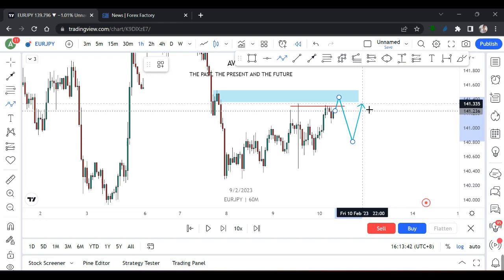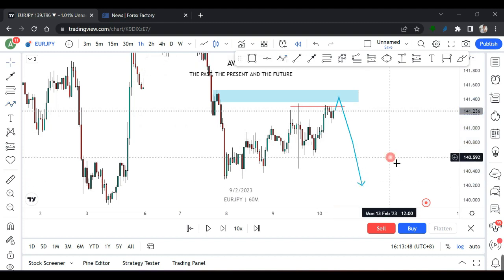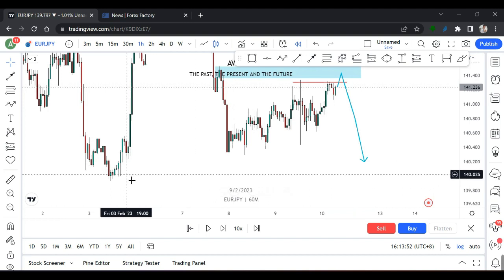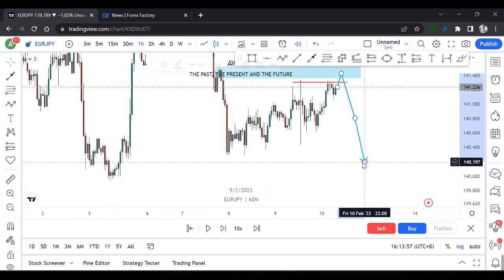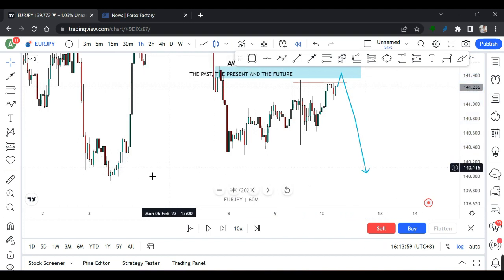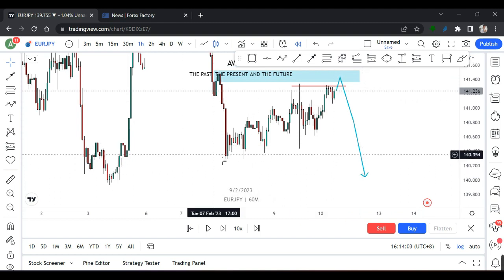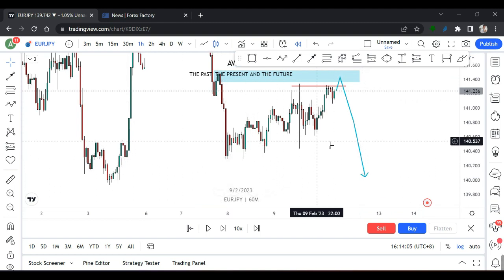Sometimes it may come back up, or it may drop all the way. If it drops, you notice there is no demand zone. The only demand zone left is maybe this engulfing pattern. That means when it drops, it will drop all the way beyond this low, because there is no barrier to hold it.